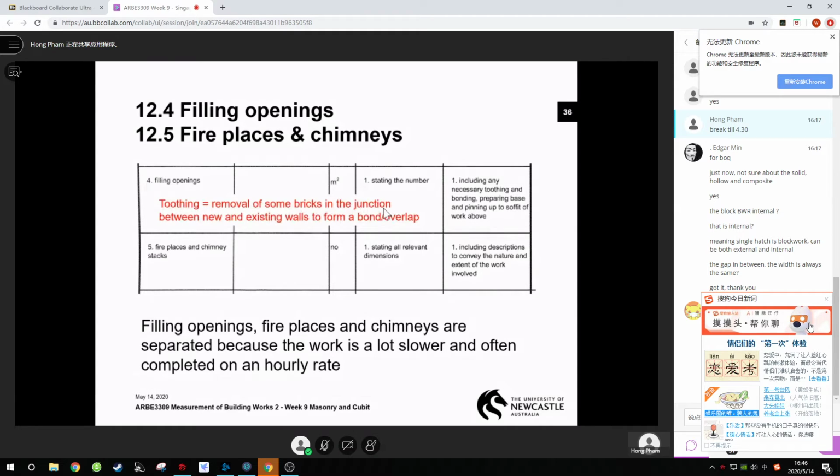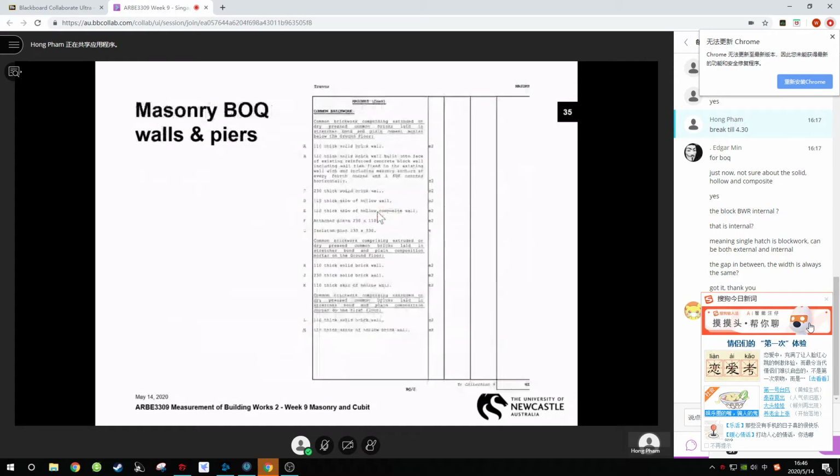Your BOQ must be more professionally described. So what you can do is you can refer to something like this. Are you clear, Chen Ling? The client letter is an item that you need to do measurement, but you need to convert that into a real BOQ with the headings, subheadings, proper descriptions, and so on and so forth.